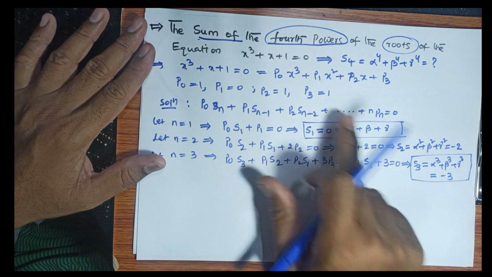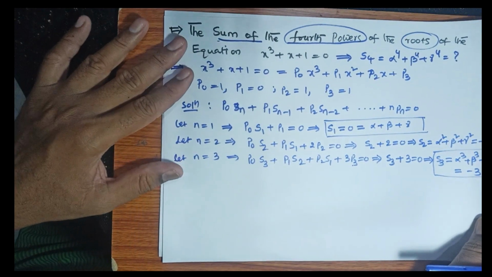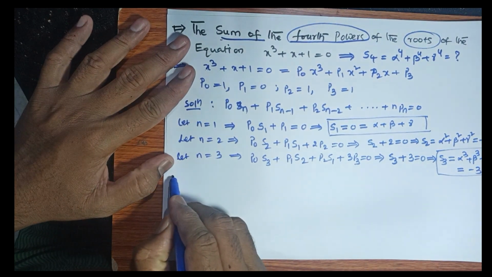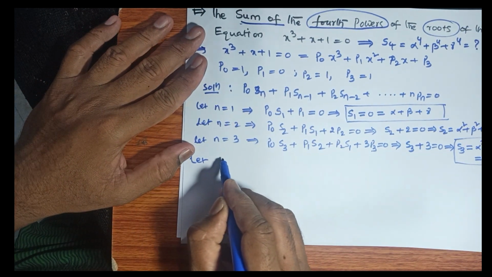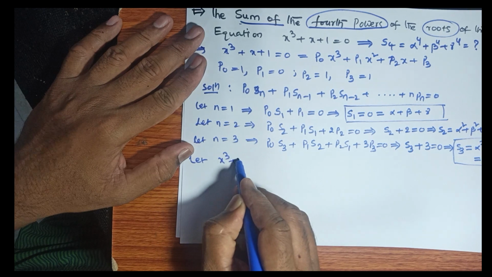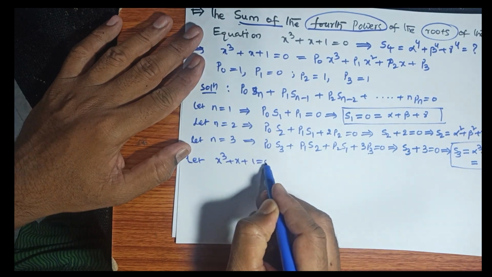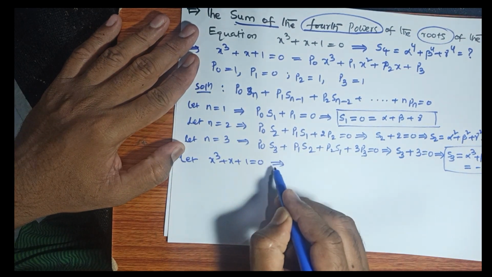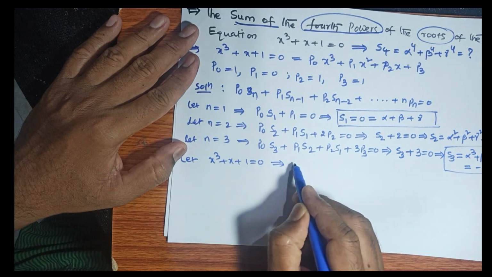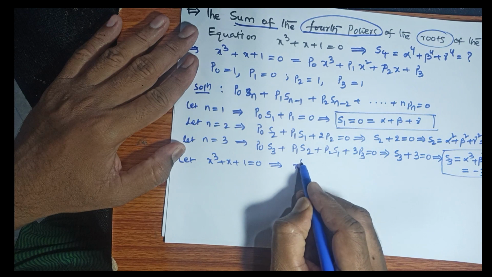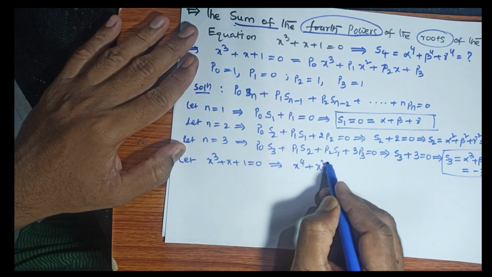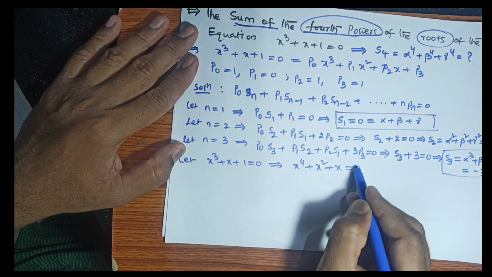That's why you do one thing: take the given equation once again, x cube plus x plus 1 is equal to 0, and multiply with x on both sides to get S4. So that is x power 4 plus x square plus x is equal to 0.